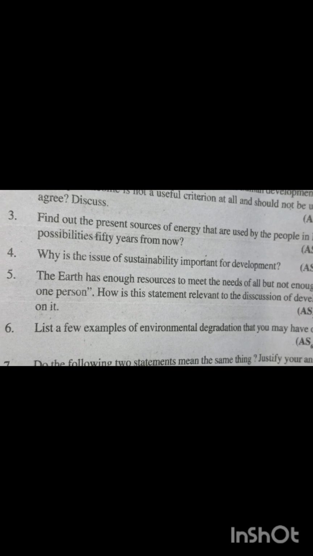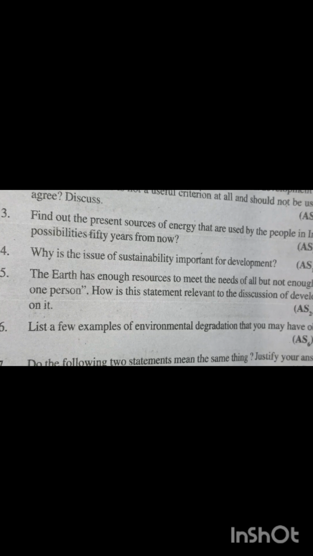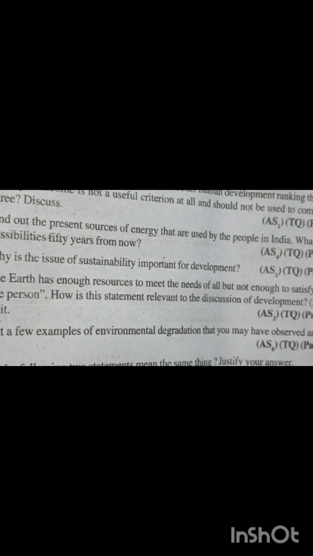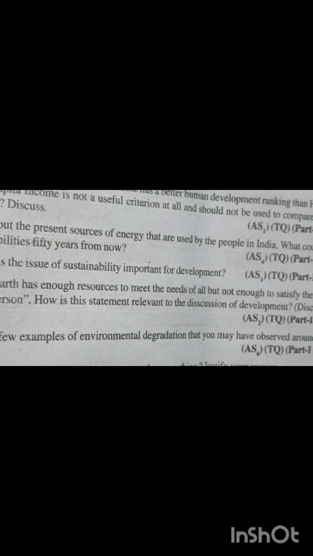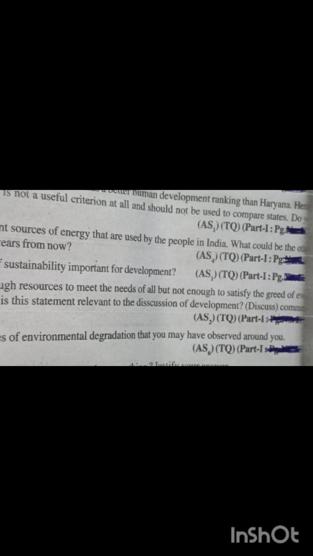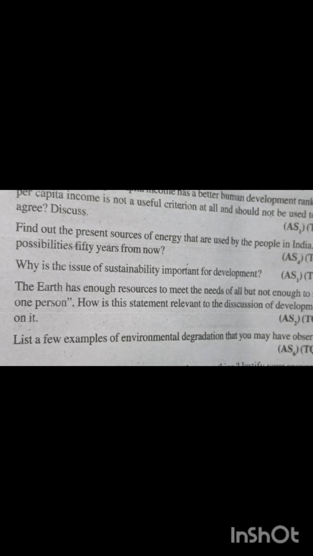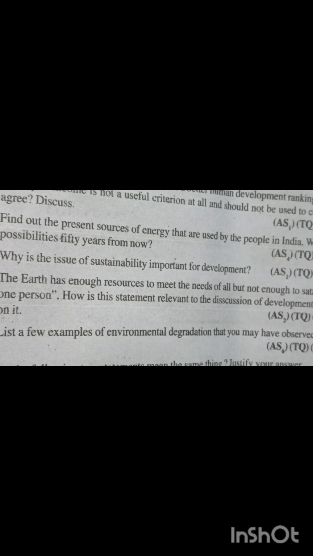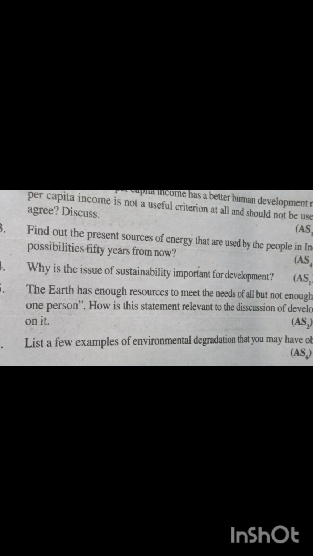Fifth one, Earth has enough resources to meet the needs of all but not enough to satisfy the greed of every one person. How is this statement relevant to the discussions of development? Discuss or comment on it.